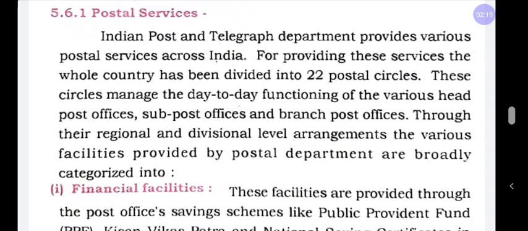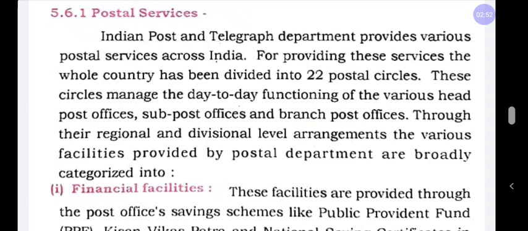The Indian Post and Telegraph Department provides various services across India. It has been divided into 22 postal circles. Each circle manages its postal activities day by day through various heads: post office, sub post office, branch post office, through regional and divisional level arrangement.